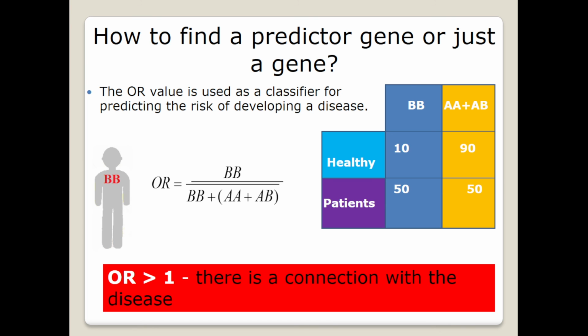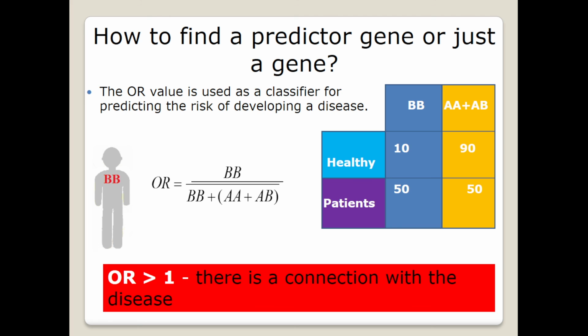In healthy, this combination of wild type alleles can be met in the healthy group 90% and in the patients group 50%. And then you can see the formula which is used for understanding how many differences.